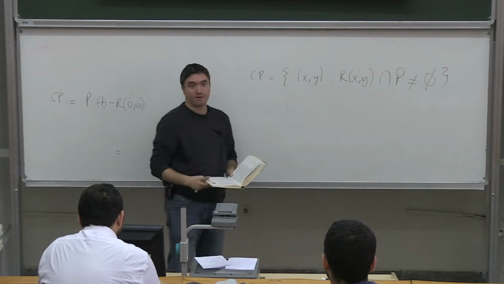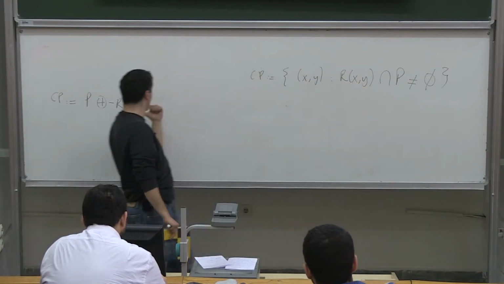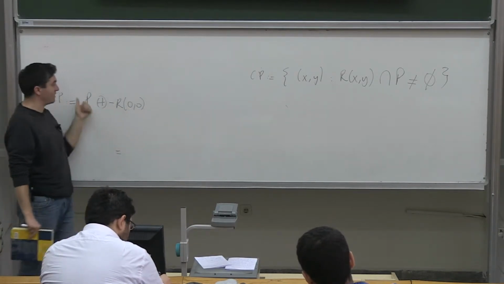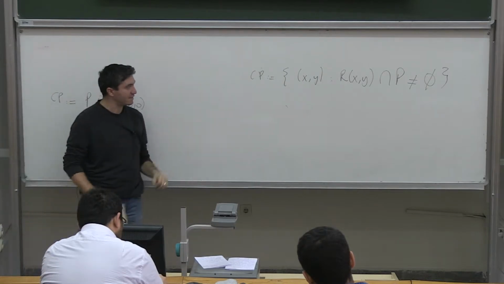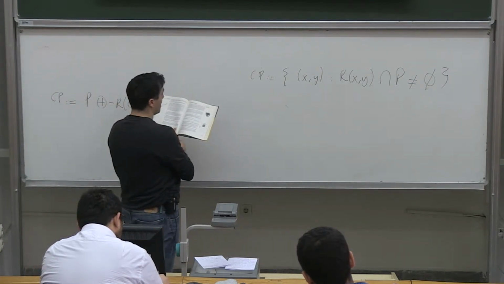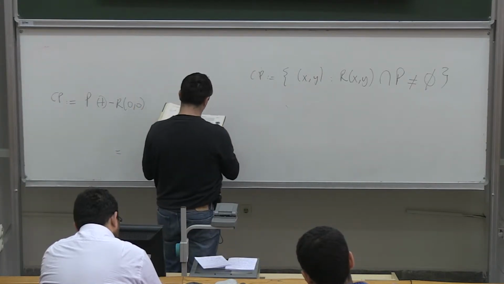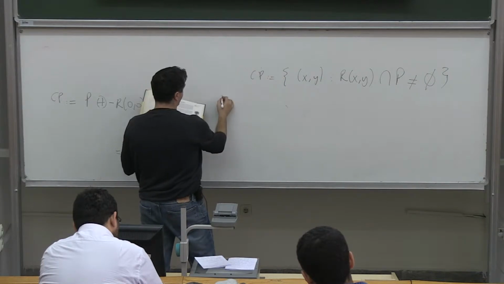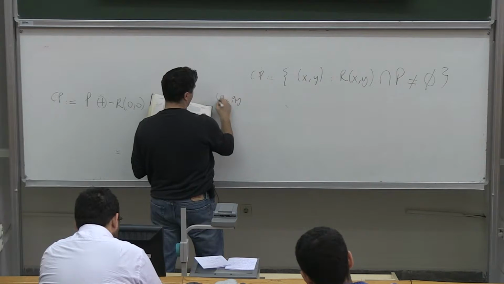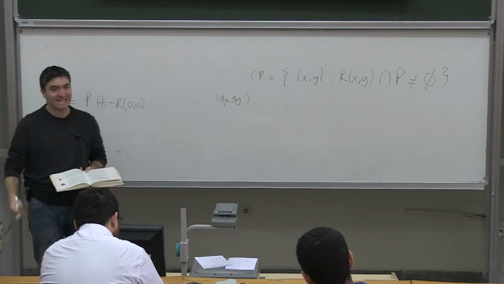First we are going to suppose that this is true and show that it equals this, and then we are going to assume that this is true and see that they intersect. If RXY intersects P, it means that there is a point Q, with coordinates QX, QY, in the intersection.